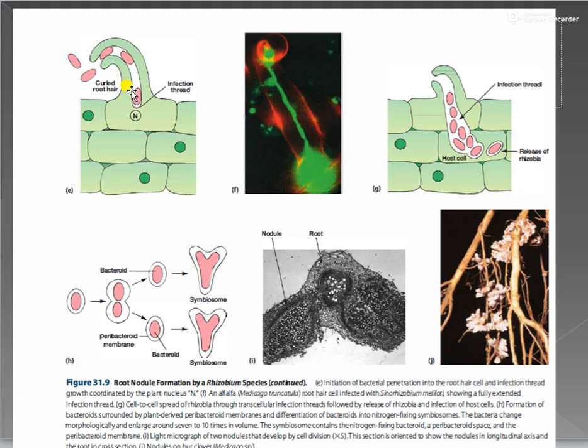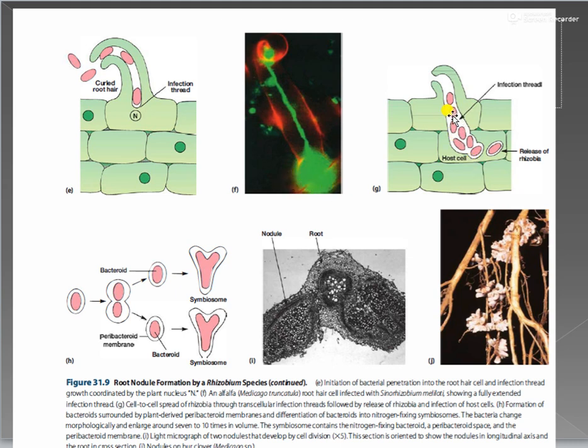Then the growth of this infection thread is mainly coordinated by the nucleus. The infection thread grows inside as the nucleus passes, and the release of these bacteria into the host cell normally happens.